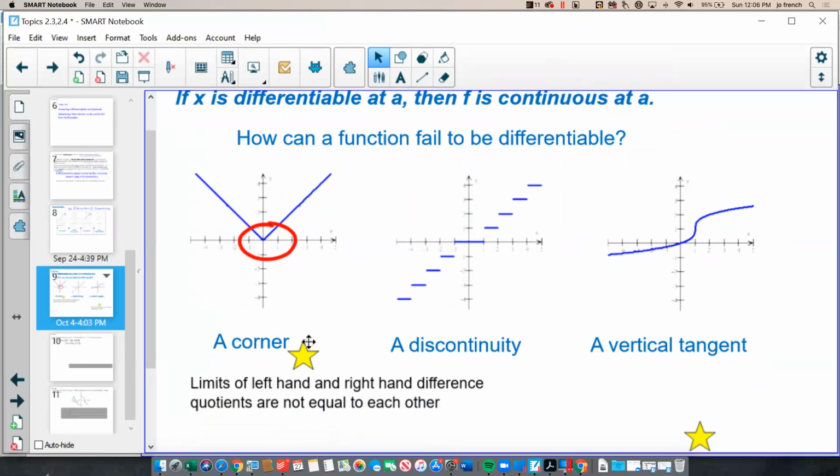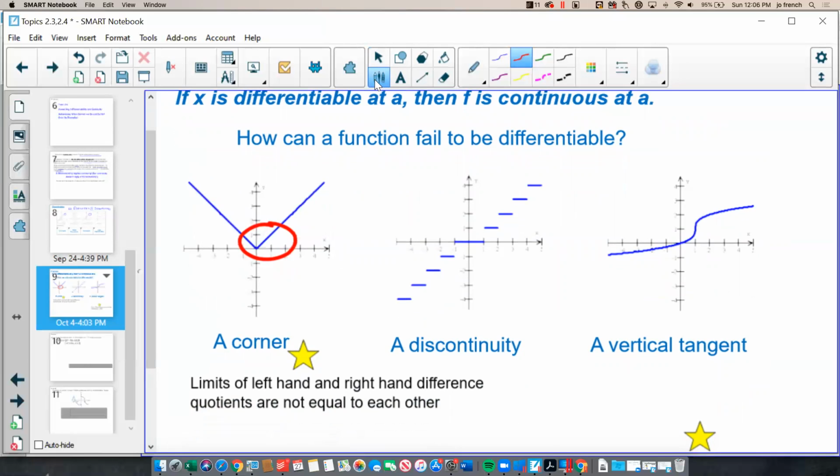We have a slope of -1 on the left and +1 on the right. And so when we reach 0, we have two distinctly different slope values. So sharp corners do not become differentiable. A derivative does not exist at the corner.